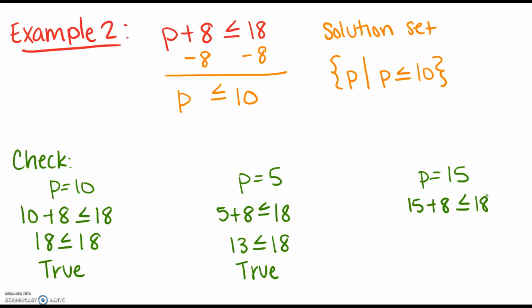Well, 15 plus 8 is 23. 23 is larger than 18, so that makes that false. Based on our solution set, the number had to be less than 10 or could be equal to 10. Therefore, 5 and 10 both checked out in this example.